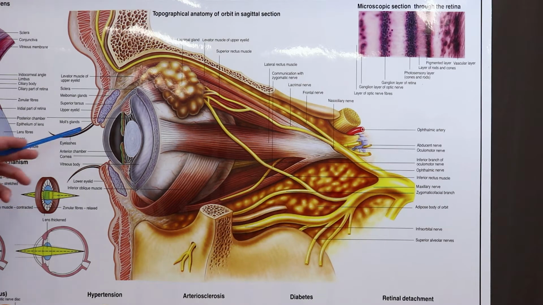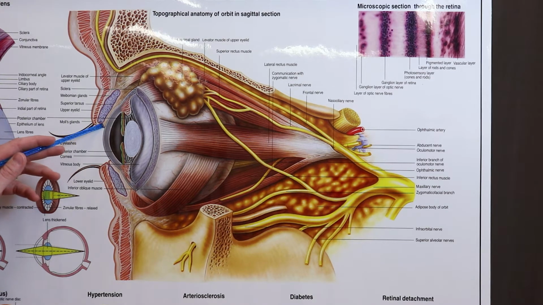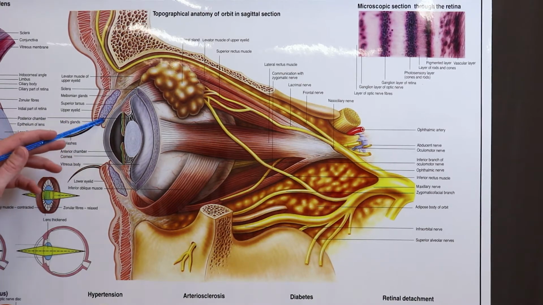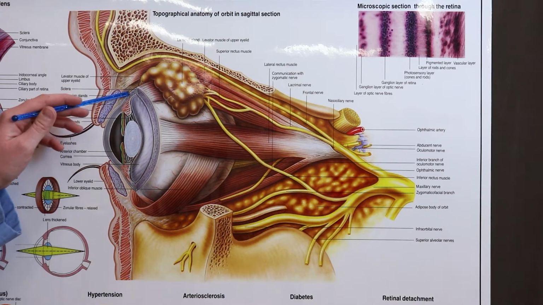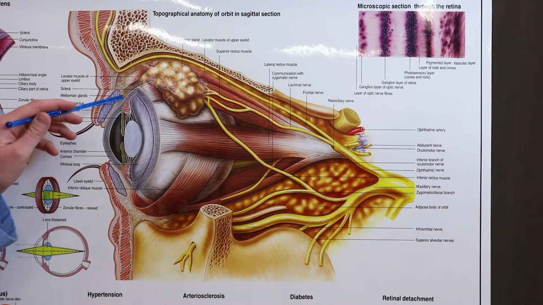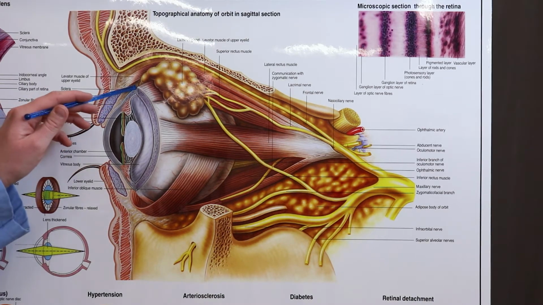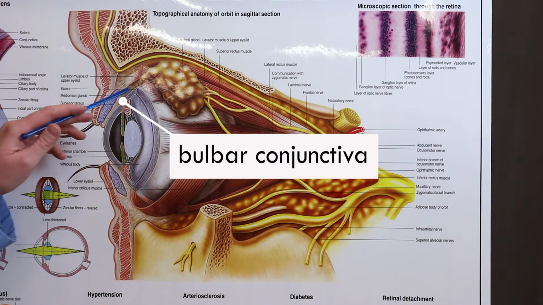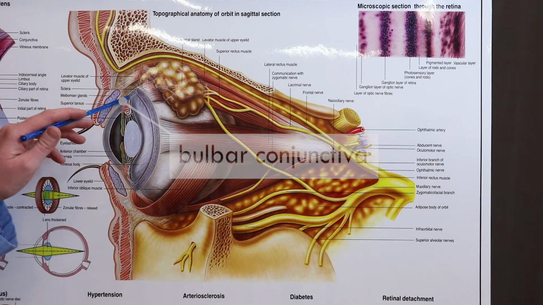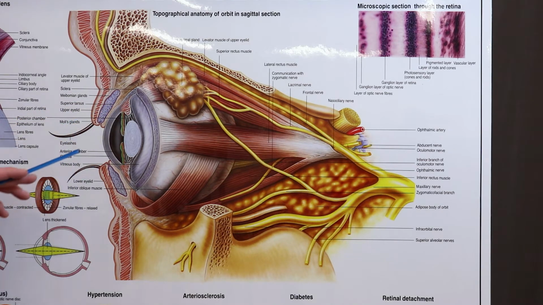That's inflammation of that delicate mucous membrane that lines the internal part of the eyelids as well as the anterior part of the eyeball itself. When it lines the anterior part of the eyeball, it is called the bulbar conjunctiva because it is lining the bulb or ball of the eye there. And conjunctivitis is inflammation of those delicate mucous membranes.